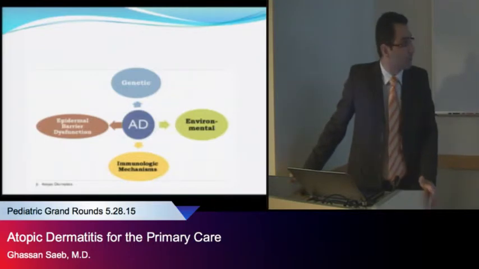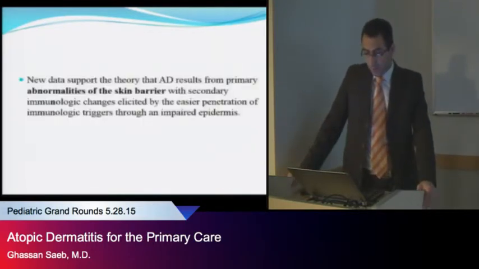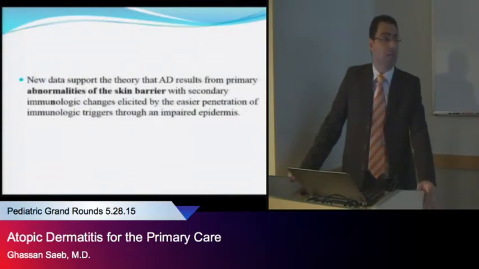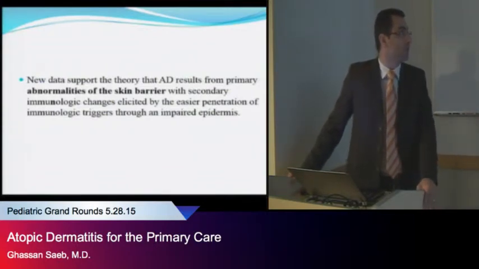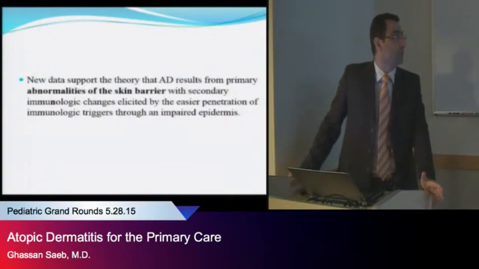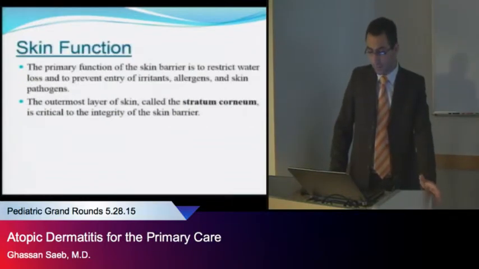And this is just a picture to represent what I just said. New data support the theory that atopic dermatitis results from primary abnormalities of the skin barrier with secondary immunologic changes elicited by the easier penetration of immunologic triggers through an impaired epidermis.